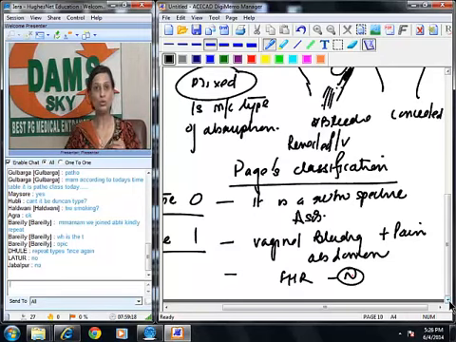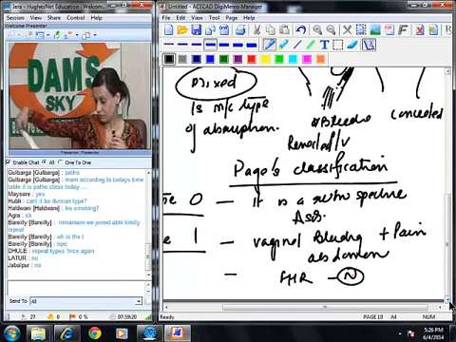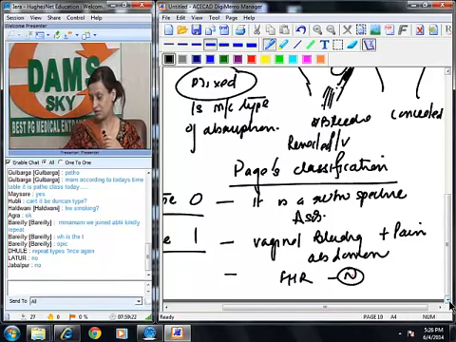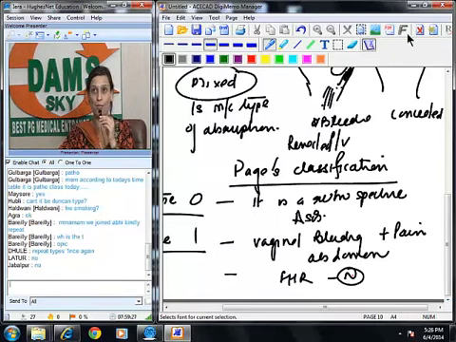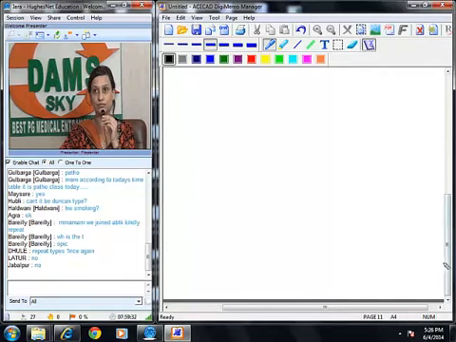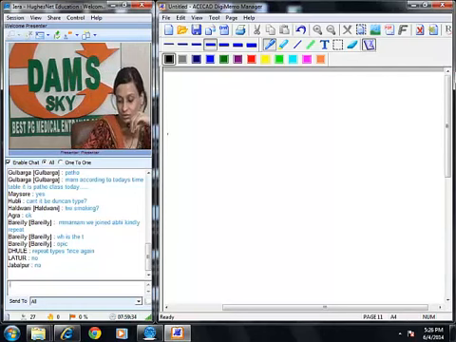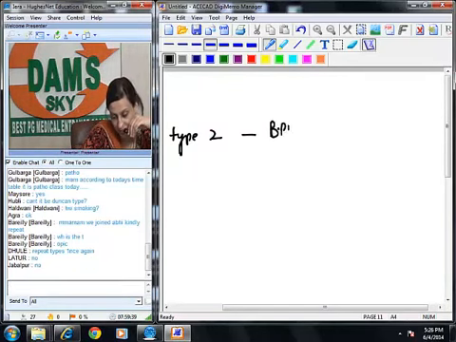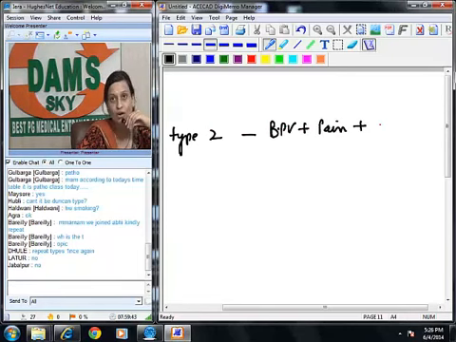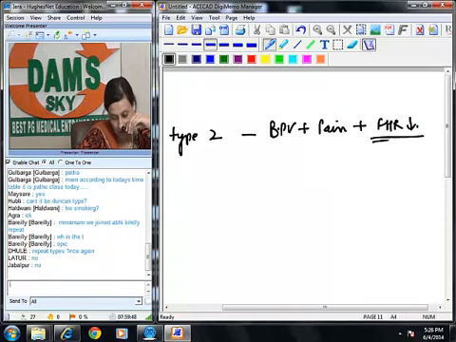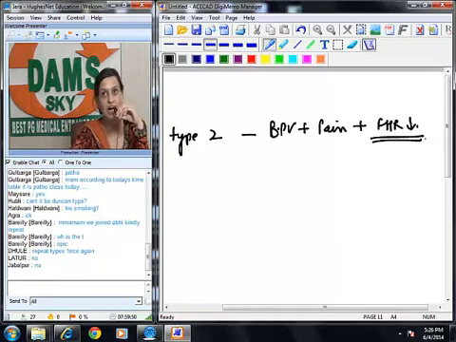Then comes type 2. In type 2, how does the patient present? In type 2 abruption, the patient now presents with bleeding per vaginum. She presents with pain, but along with this, there is going to be a decrease in the fetal heart rate.